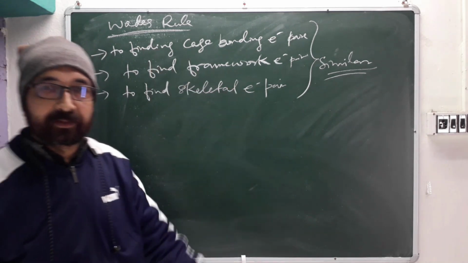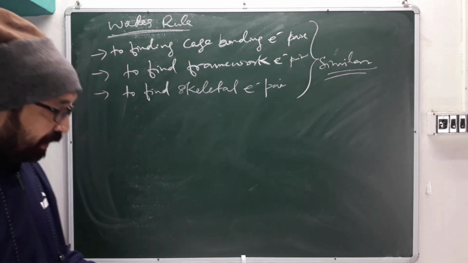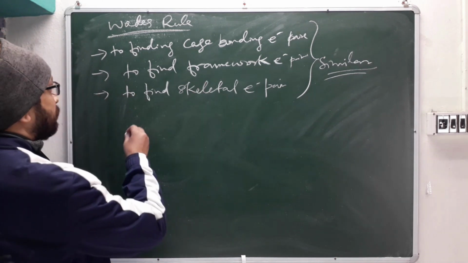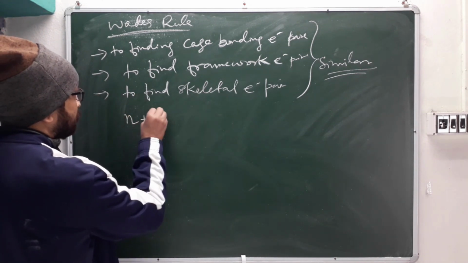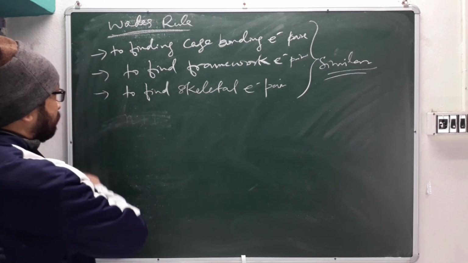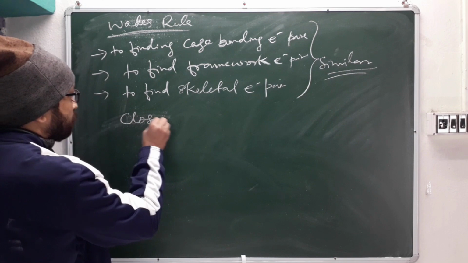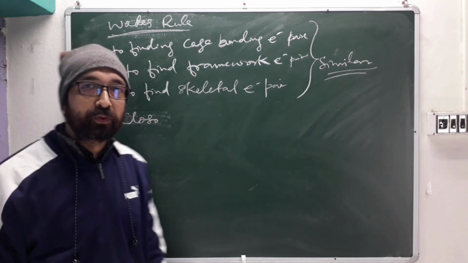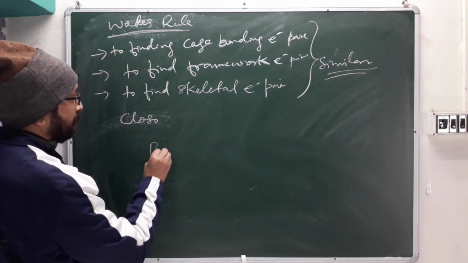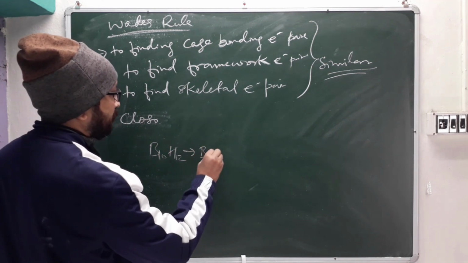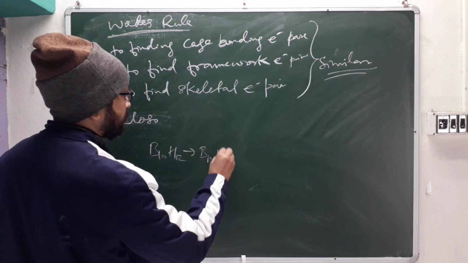Now I'll write one formula here. In the skeletal electron pair or cage bonding electron count, suppose you are getting closo. Now you know how to identify closo. Suppose they have given this example, B10H10 2 minus.